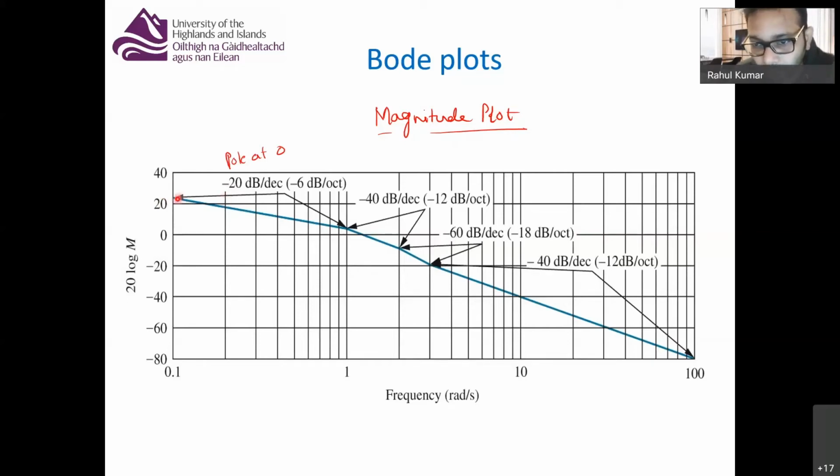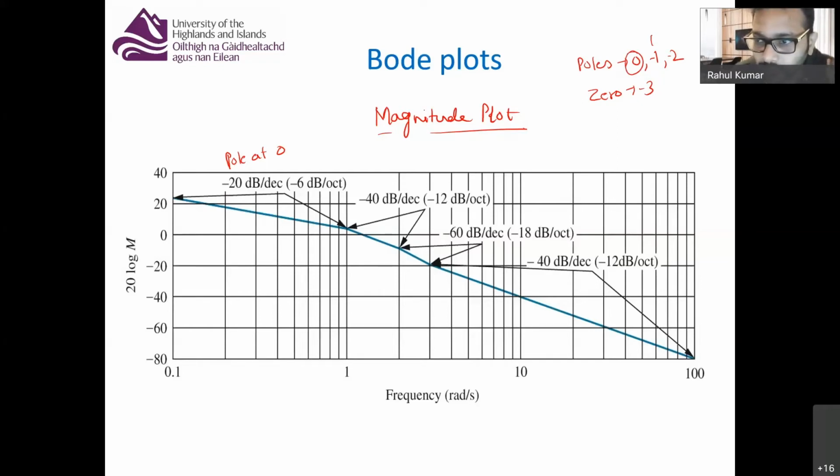The next pole is at, let me write down the values, it will be more clear. So we have poles at 0, 1, 2 and a zero at 3. These are all minus, and obviously they will have the corresponding break frequencies which we are considering. Pole at 0 is sorted, the initial slope is minus 20.